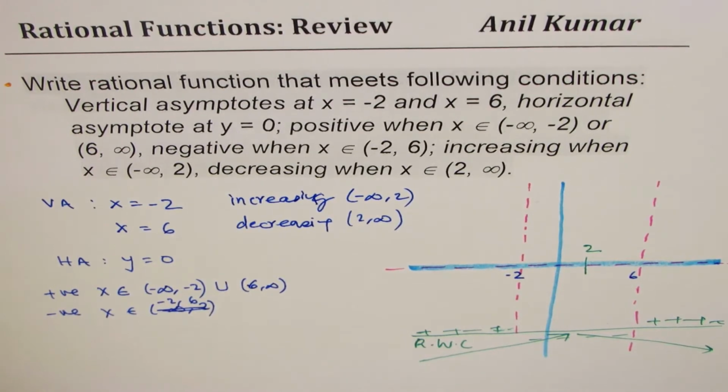Since we have two vertical asymptotes, horizontal asymptote, it reminds me that's the reciprocal of a quadratic function. We want this portion to be increasing for my reciprocal function. So it should be decreasing up to here for the quadratic function.